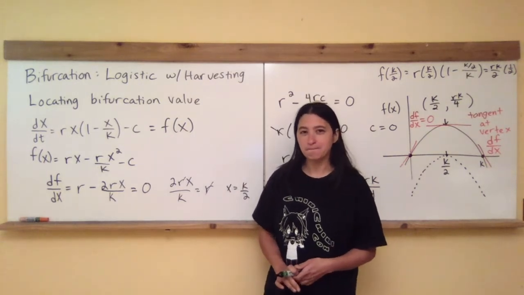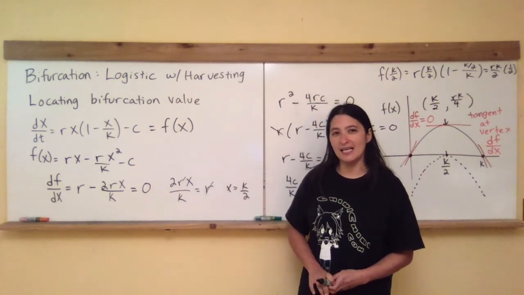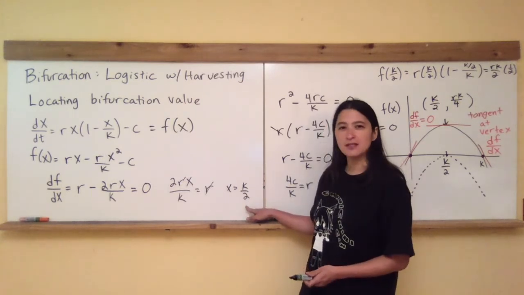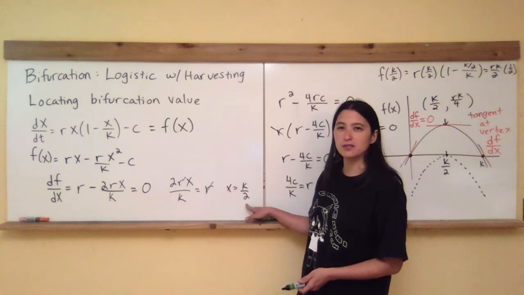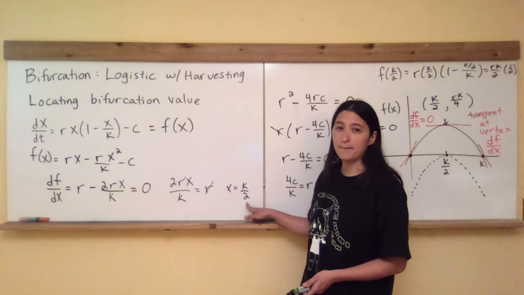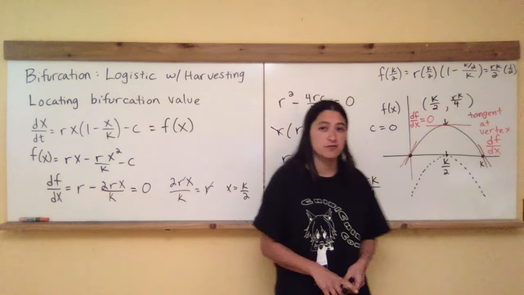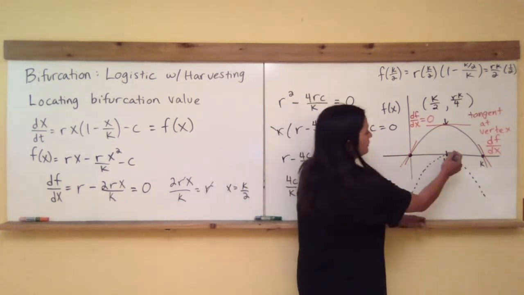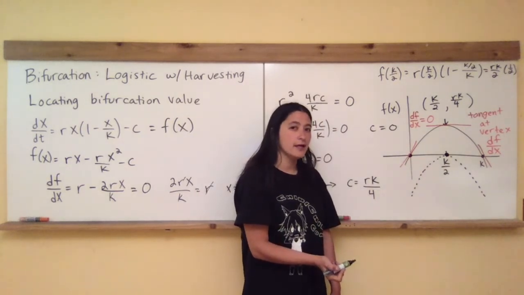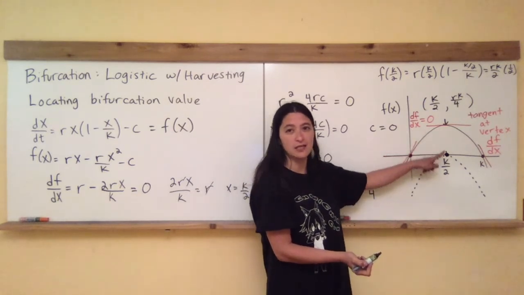So again, to review, the method that I just went over here was I set df/dx equal to 0, and it gave me a place where, if this was the equilibrium point, the system would be bifurcating. And I know that because if this value, x equal to k over 2, was the value that intersected the x-axis right there, then I would be guaranteed to have horizontal tangency in df/dx at that point.